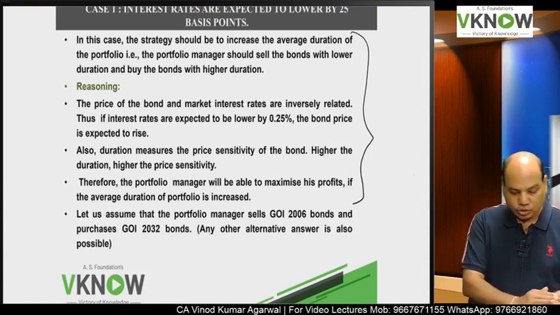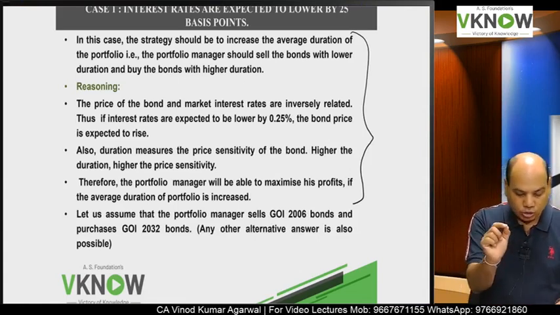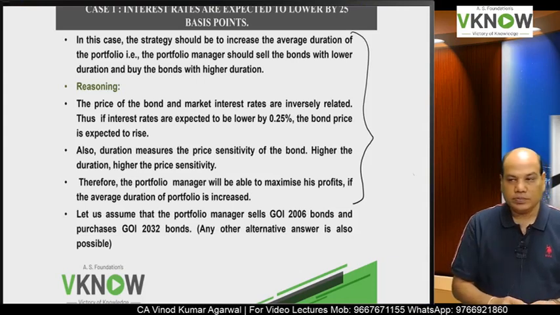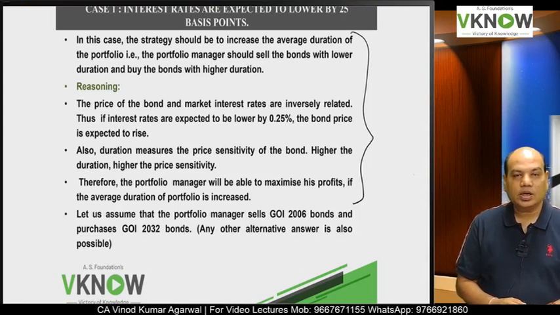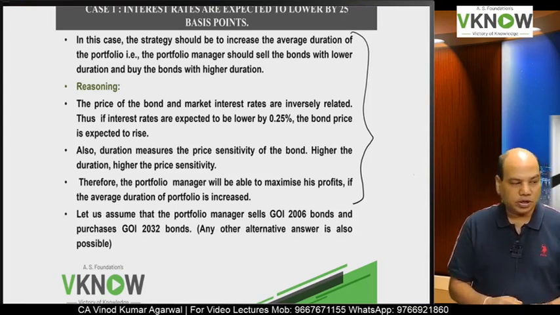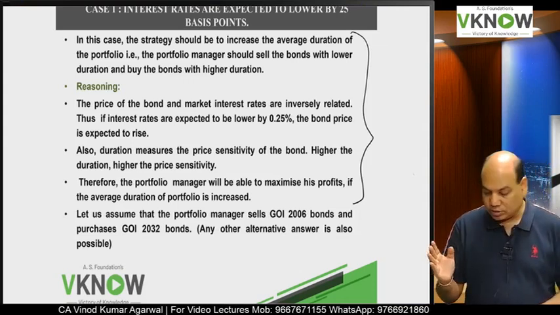So we'll sell the GOI 2006 bond, it has a lower duration, and purchase GOI 2032 bonds, because it has higher duration.